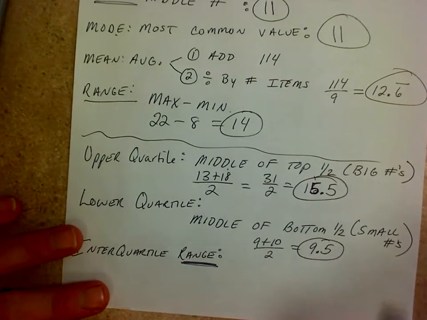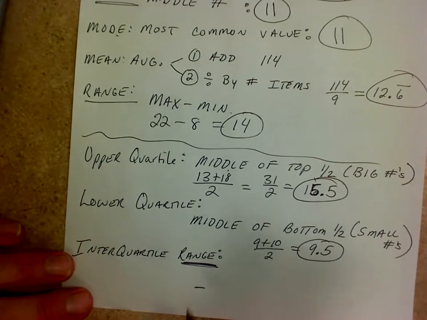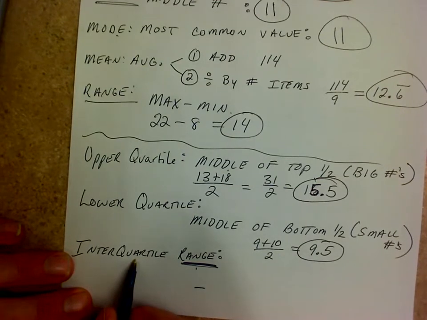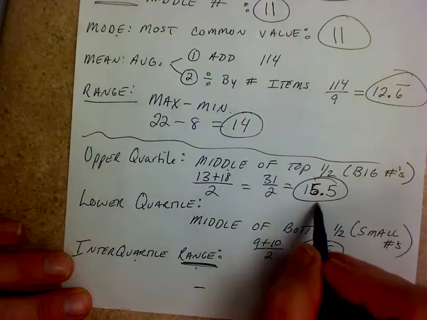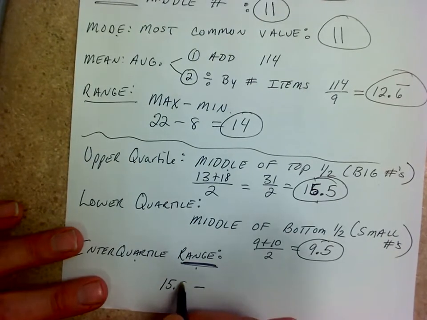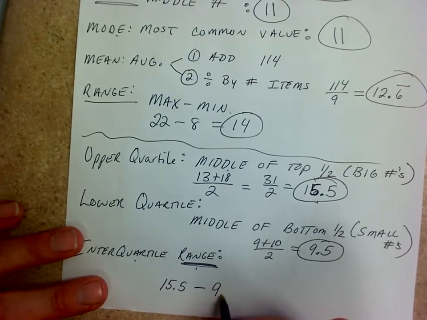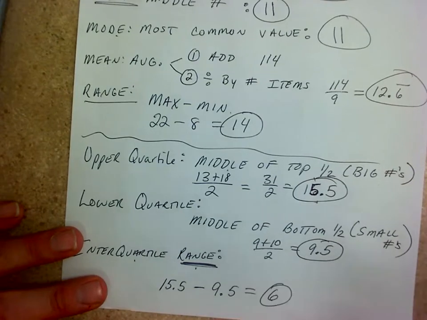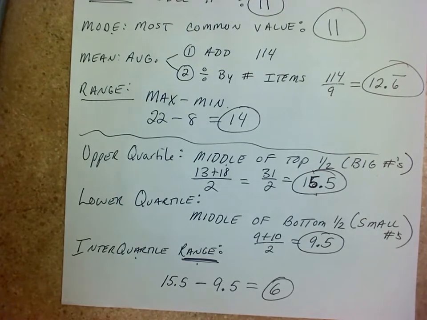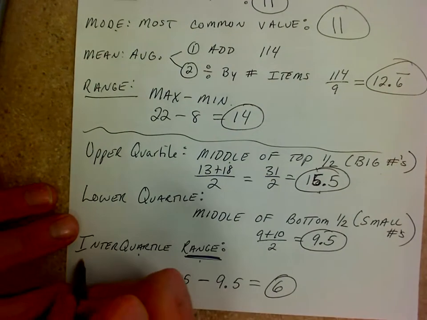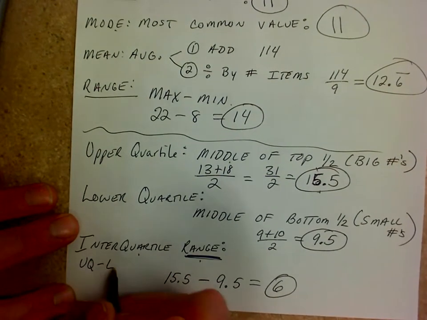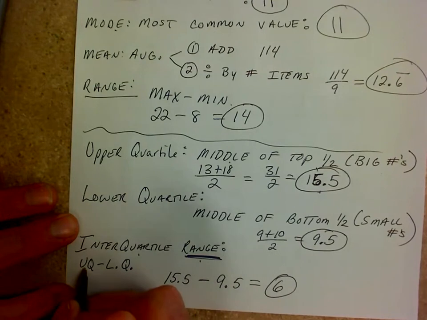When we see that word range, we know we've got a minus. What do they want us to subtract? The quartiles. So we come over here, upper quartile 15.5, lower quartile 9.5, we get an interquartile range of 6. For the definition, upper quartile minus lower quartile.